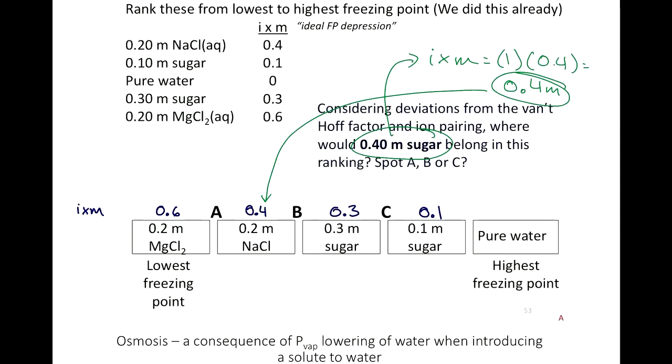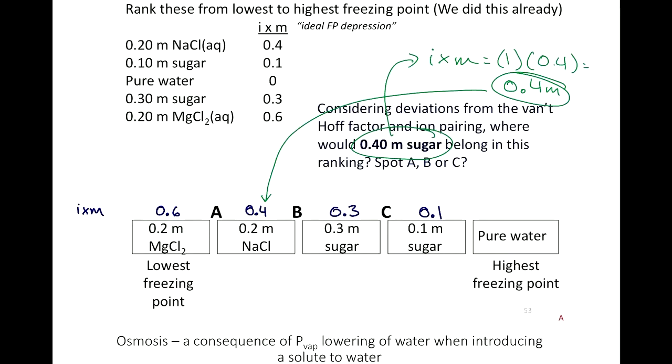Both of them are 0.4, you know? And so if this is an exam, there might not be an option that says the sodium chloride is the same as that one. We might not have that option. You have to order it lowest to highest.